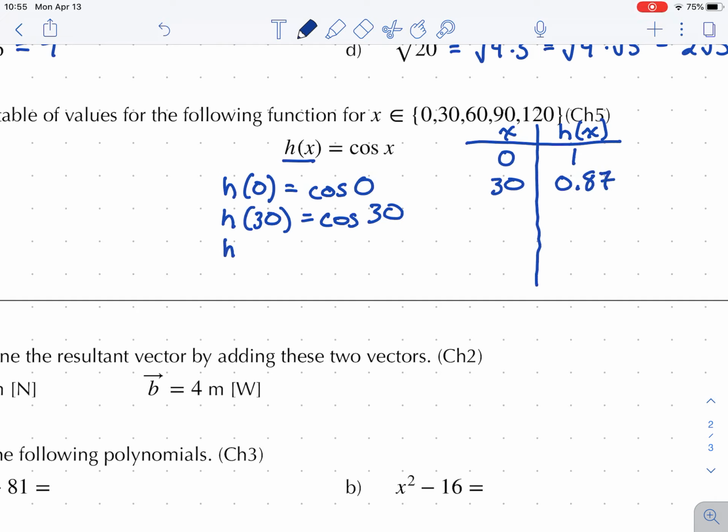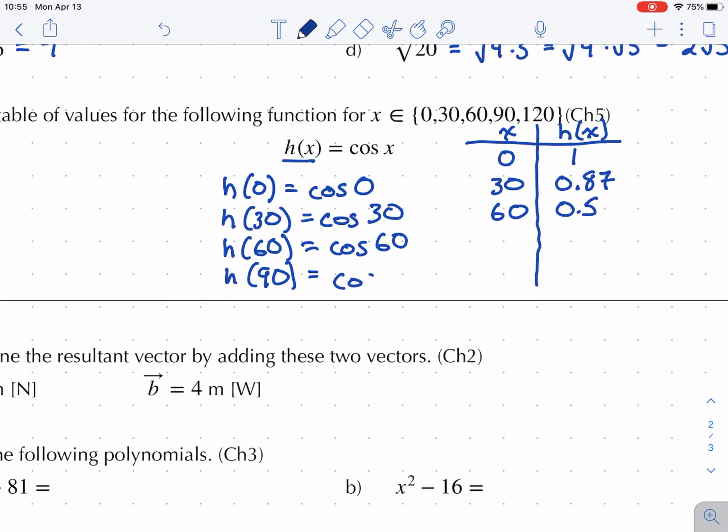Then I do 60. Our function evaluated at 60 is equal to cosine of 60. 60 cosine is 0.5. Then I'll do our function evaluated at 90.